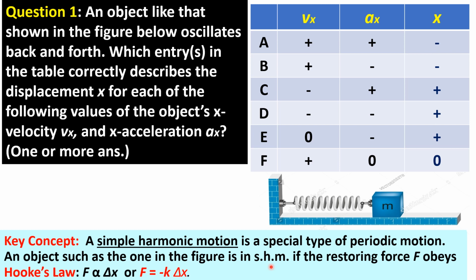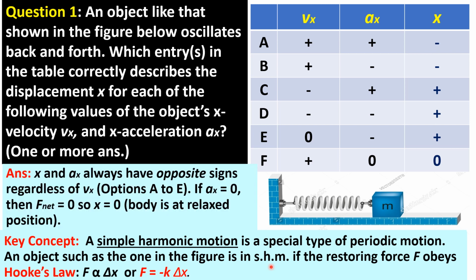All right, so our correct answers are, first, we say that the displacement x and the acceleration ax should always have opposite signs. It doesn't matter what the direction of the velocity vx is.